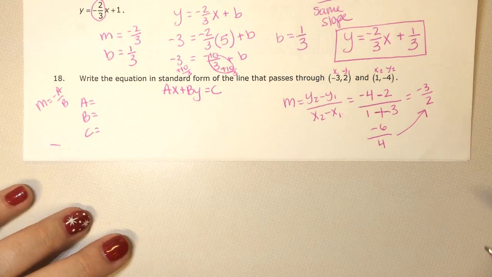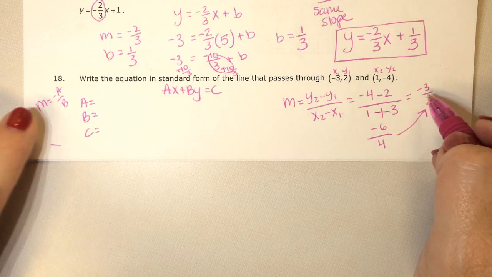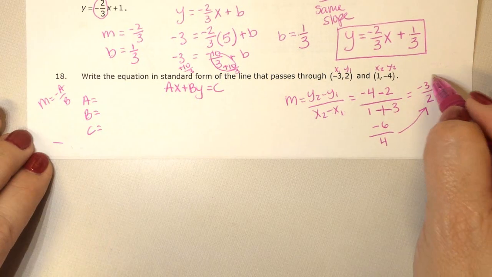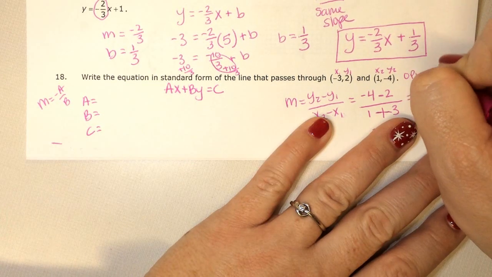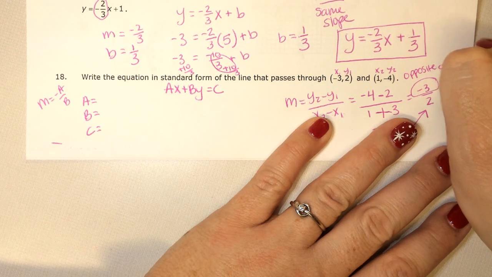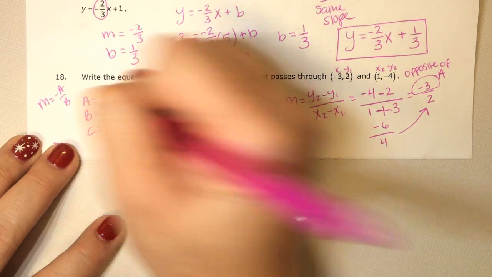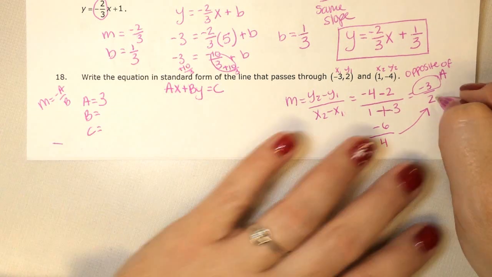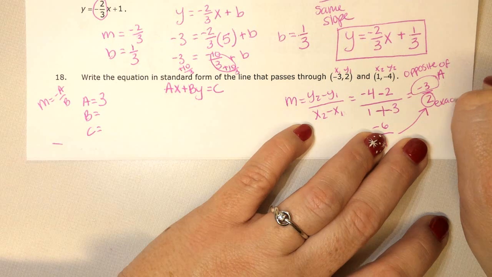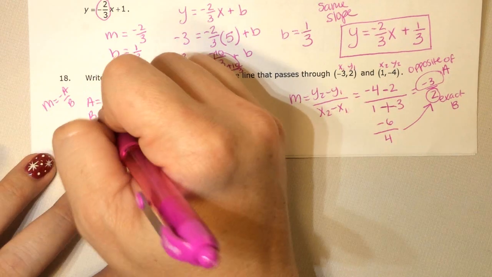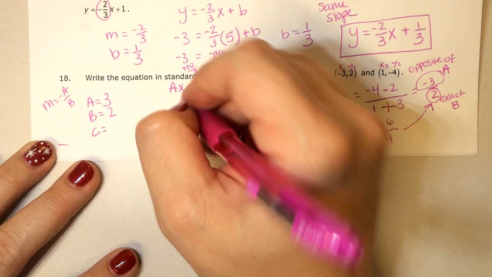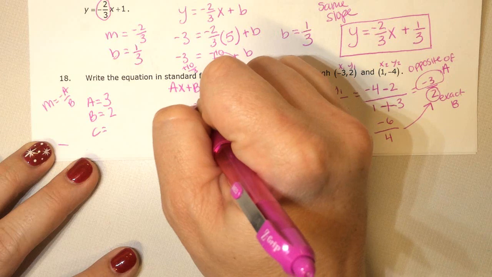Okay. So because I know my slope is opposite of a over b, well, this is the opposite of a. So what's the opposite of -3? Positive 3. And then remember, b is on bottom. So b is 2. So I know I have 3x plus 2y equals c.